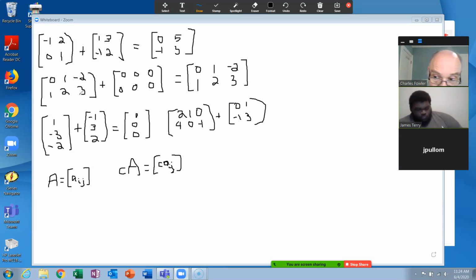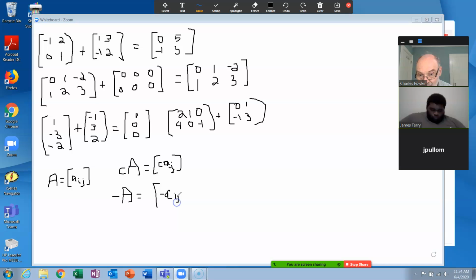Now, another ramification of that: what if your c was the number -1? Then this scalar multiplication would be negative A, which would equal multiplying every element a ij by -1.